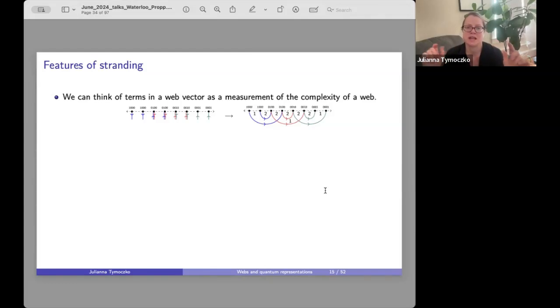What this picture is saying is, on the left-hand side, I'm picking which vectors are going to appear in a particular term of the invariant vector. And here I'm asking, does this term show up in a web vector?